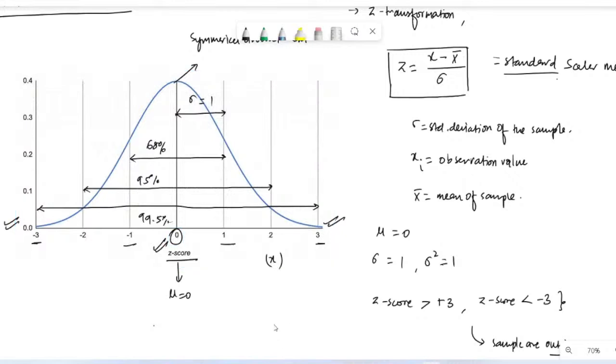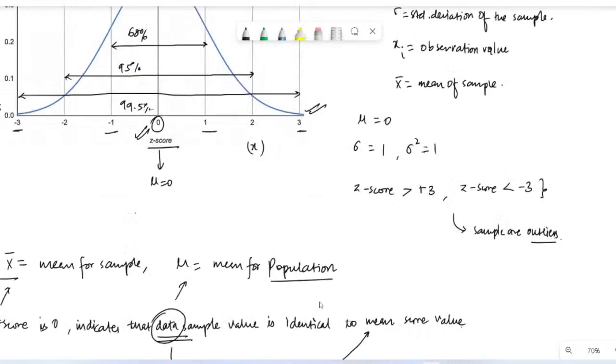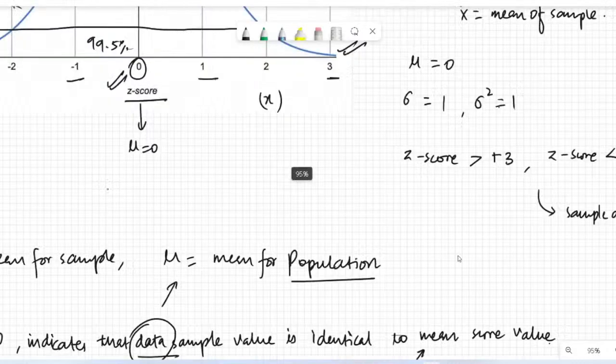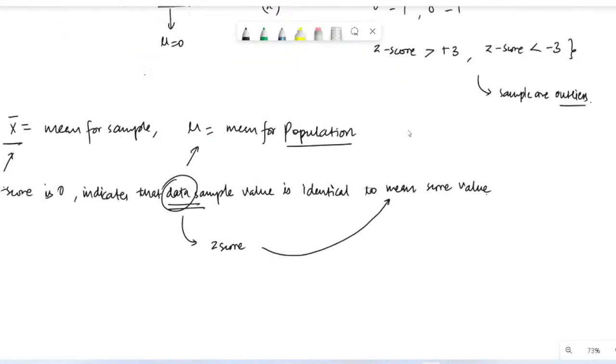Also, if you look at the formula of z-score, X minus x bar by sigma, what does it indicate? The 0 indicates that the sample value has 0 deviation from the mean of the sample. So that's the importance of this 0 point.